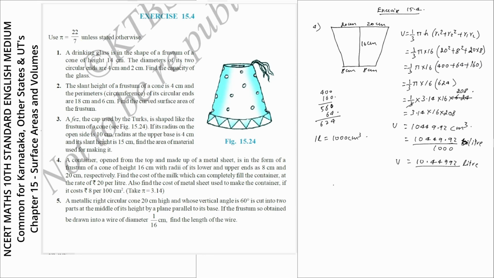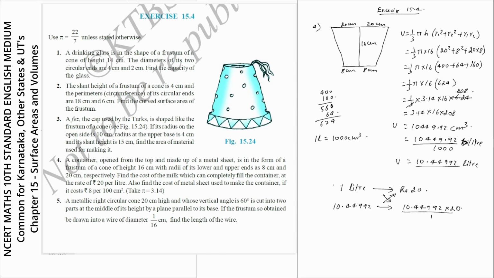Now given that, what is the cost of milk for 1 liter? For 1 liter the cost is rupees 20. Therefore for 10.44992 liters, what is the cost? So just cross multiply. When you cross multiply, you will get 10.44992 into 20 by 1.